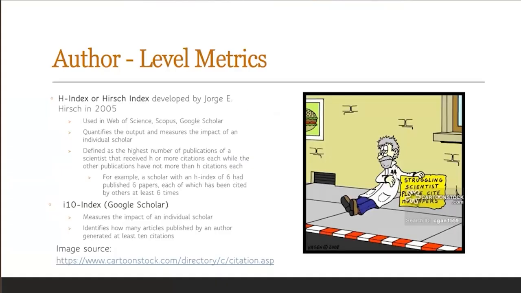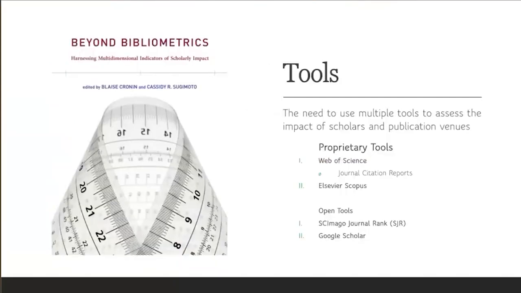Because as problematic as this system is, it's still being used to judge people's work and, in some cases, to grant them funding, get them promoted or get them tenure. It's not the only factor, and there are other things that go along with it, but it really is still a measure that is being used.